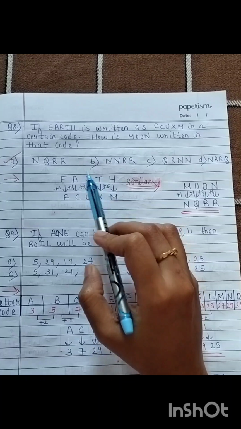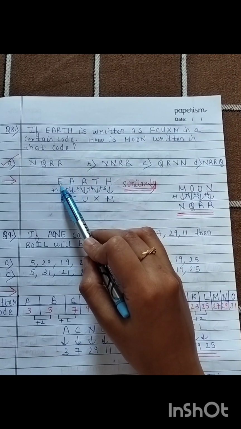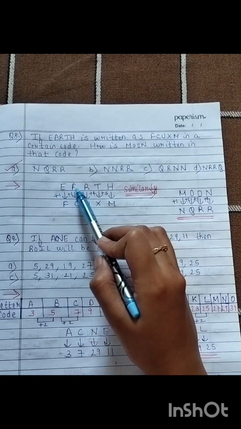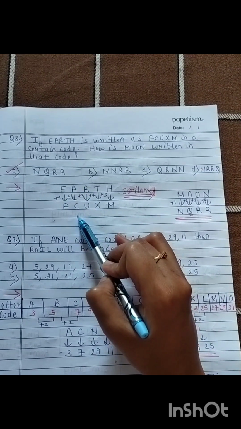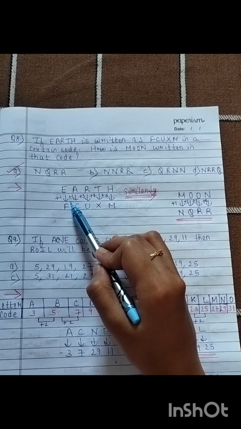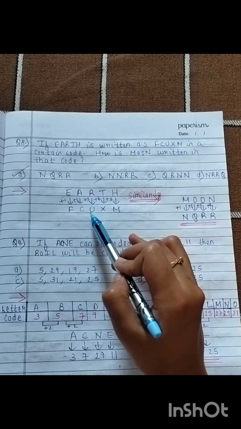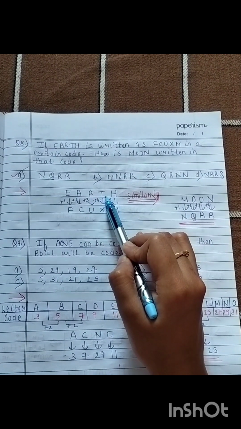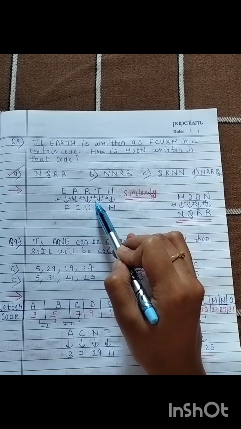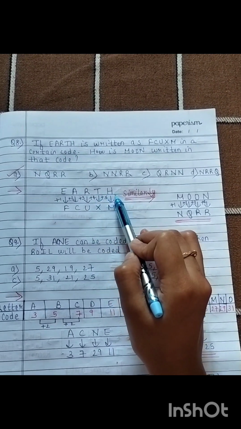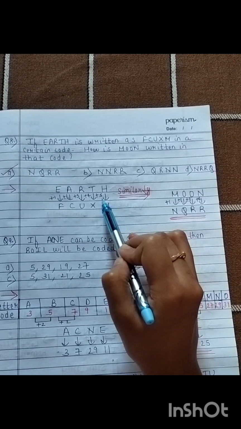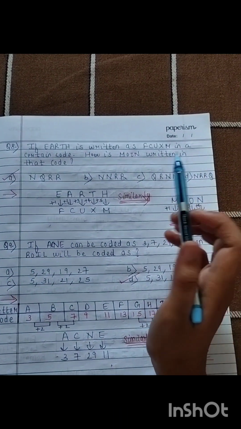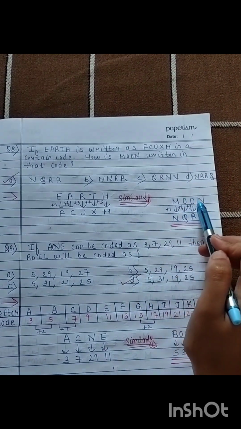After E, F is coming, so plus 1 they have done. After A, C is coming, so plus 2. After R, U is coming, so plus 3. After T, X is coming, so plus 4. After H, M is coming, so plus 5. So plus 1, plus 2, plus 3 they have done. So similarly, you have to solve for Moon.